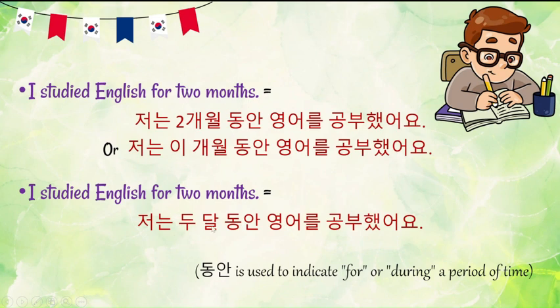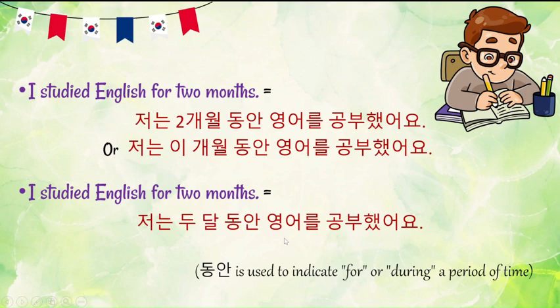Now you might be thinking that for pure Korean number 2, it is 하나, 둘, so 둘, so how did the ㄹ get dropped here? Now there are some rules while counting objects and using pure Korean numbers for them. These rules I have explained in the introduction video of Korean counters. Again, you can go and watch that video if you want to know that. So here for 2 months is 2달 동안.